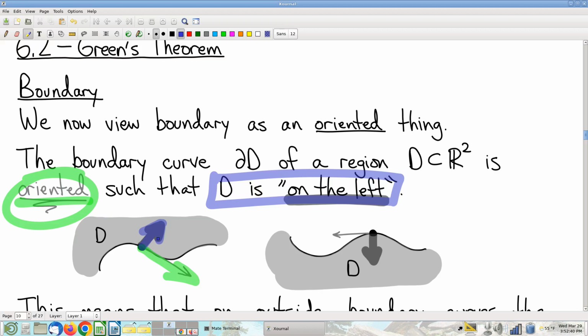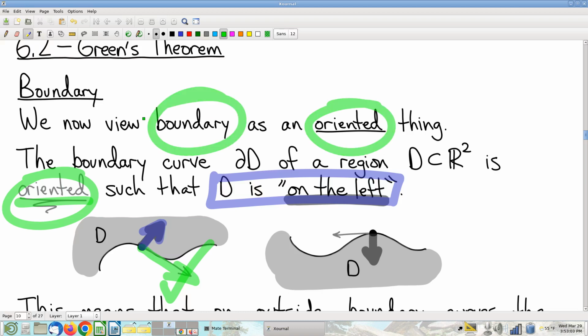If I was going that way, the region would be on my right, which is different. So whichever direction puts the region on your left, that's the correct orientation. That's what we mean when we say the orientation of the boundary.